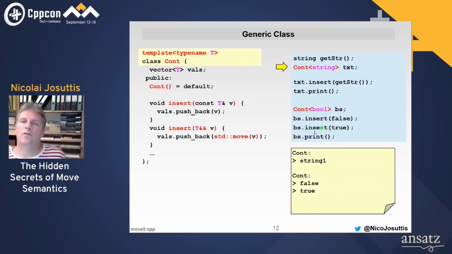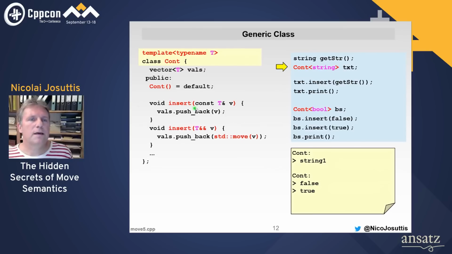We can insert false, we can insert true, and we can print that out, and you see that the output works here. Okay, so to some extent, that's the basics, and that was what is usually taught in trainings that talk about C++ or move semantics or modern C++ or whatsoever. So now let's look at some more interesting stuff.